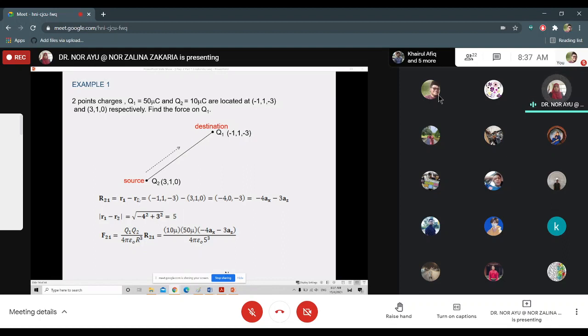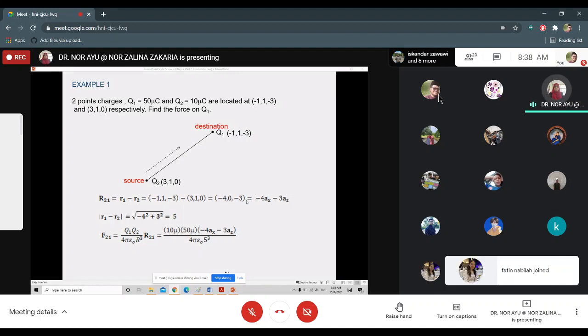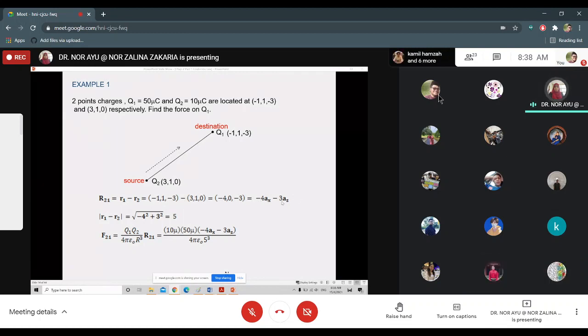So remember that. Because you want to find the force at Q1, you take the position at Q1 minus the position at Q2. All right, so you will get this value. Remember, this is still a vector, so you need to write something like negative 4ax minus 3az.